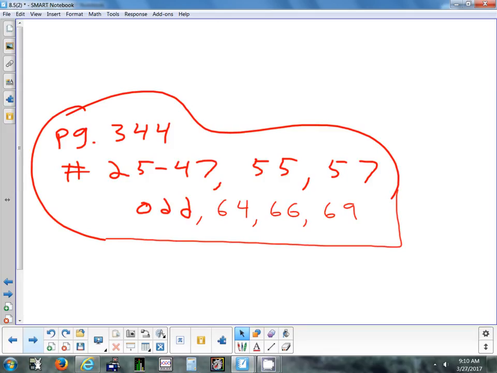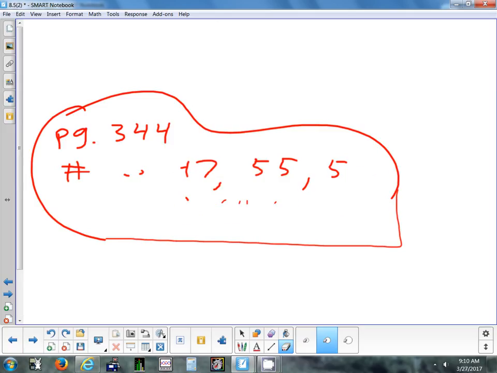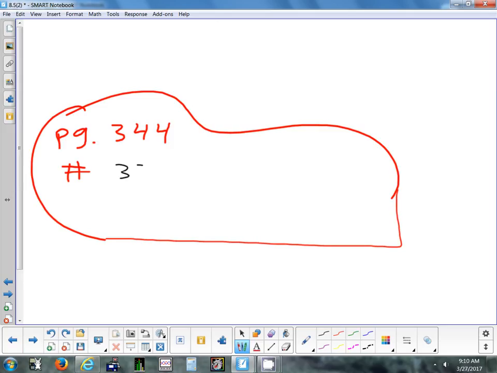So let's do 33 to 43, just the odds. Okay, that's using the formulas I just went over. If you have trouble with them, that's okay. We'll go over them tomorrow, but I think they're pretty straightforward.